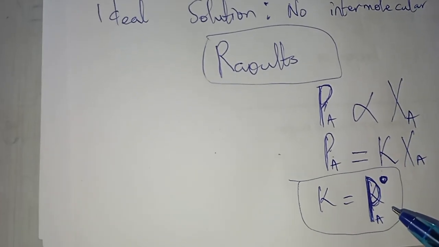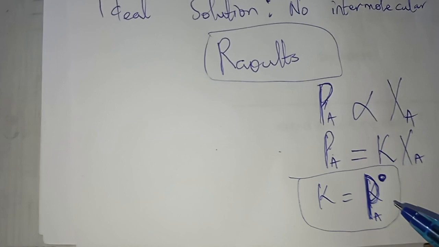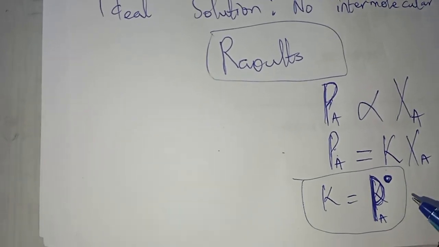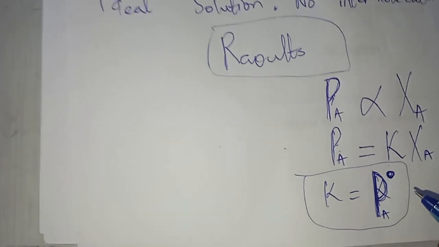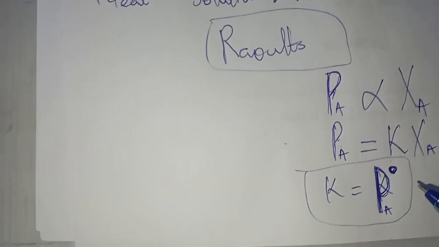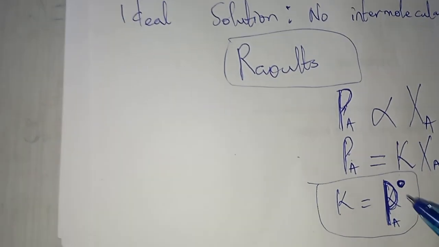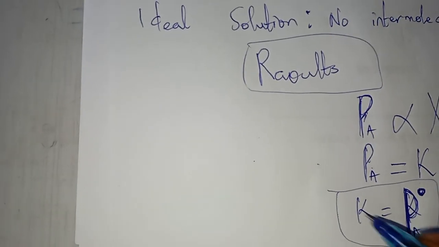Remember, I told you that at 100 degrees C, water should have a vapor pressure of 760 millimeter mercury. So that is the vapor pressure of water naturally. It is a constant.